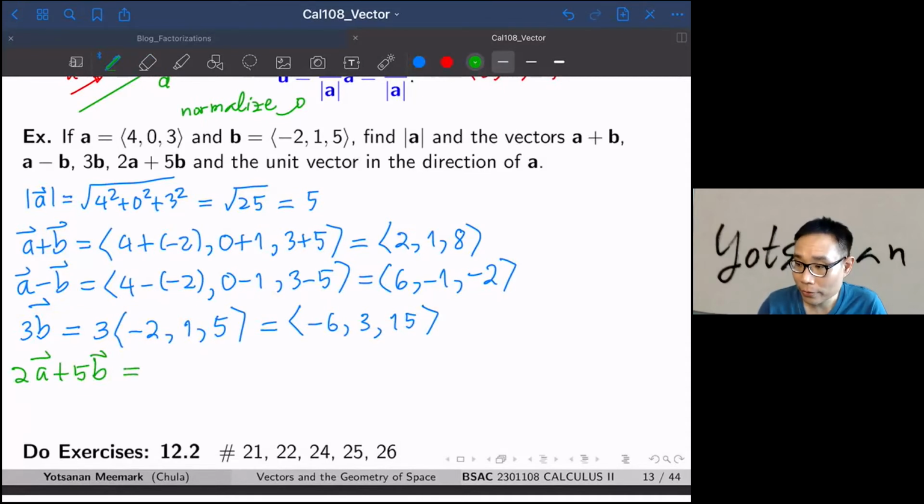However, I'm going to give you the solution, which is <-2, 5, 31>. So please do this one on your own. It's not that hard to do.